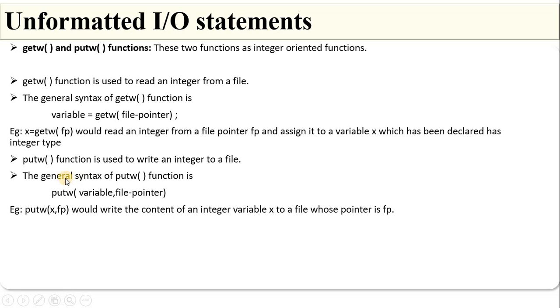Similarly, the general format of putW is putW(variable, file pointer). This variable is of type integer, and this integer is written to the file pointed to by the file pointer. Thus, the example putW(x, fp) would write the content of the integer variable x to the file whose pointer is fp.